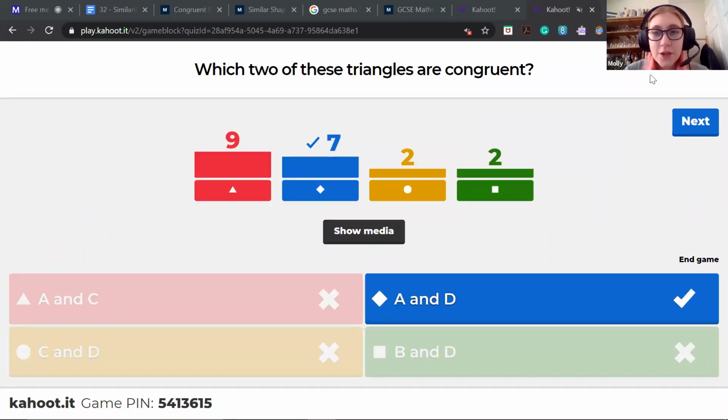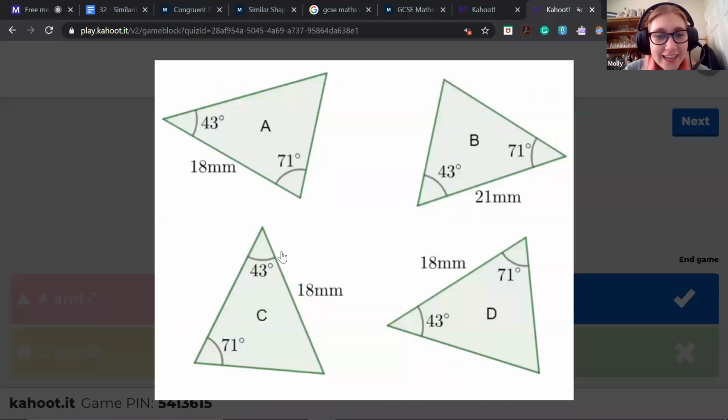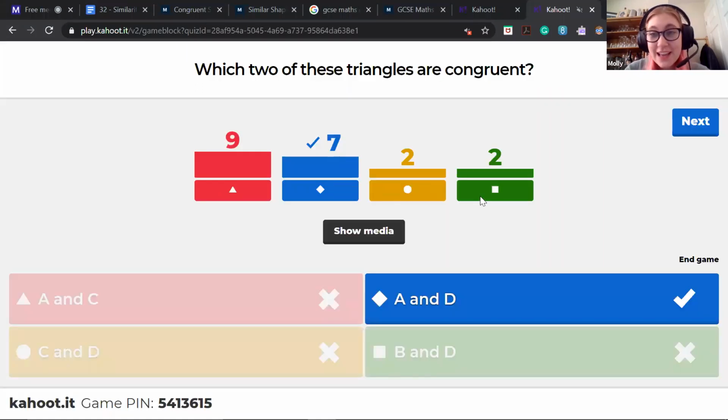Okay, so a lot of people got it. A lot of people were fooled by A and C. I can totally see why, but we'll see at the end why the answer was A and D. Well done to the people that did get that.